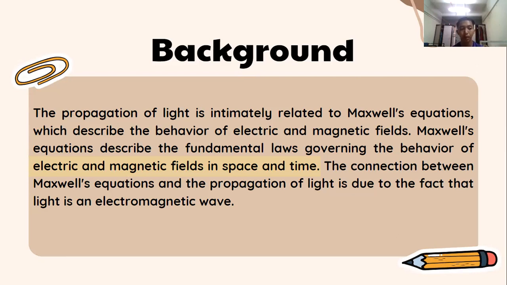The connection between these two will be explained in the later slide: Maxwell's equation and the propagation of light is connected due to the fact that light is an electromagnetic wave. So I will give the next part of the presentation to the next member.